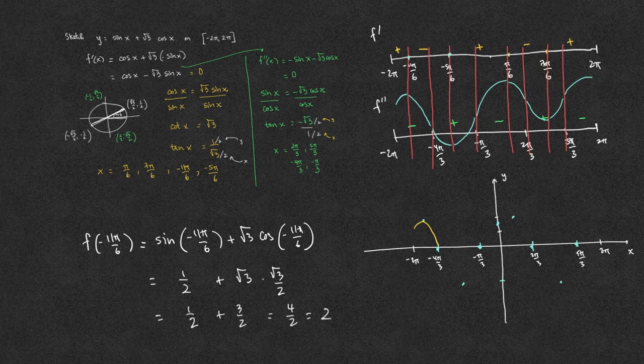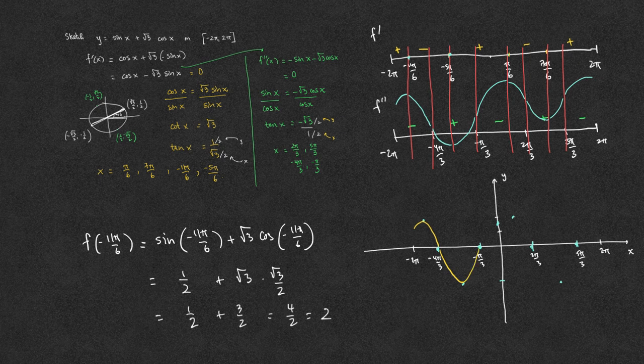From negative 4 pi over 3 to negative 5 pi over 6, the function is decreasing and concave up, and it has to go through the minimum. From negative 5 pi over 6 to negative pi over 3, the function is increasing and concave up, and it has to go through the x-intercept.